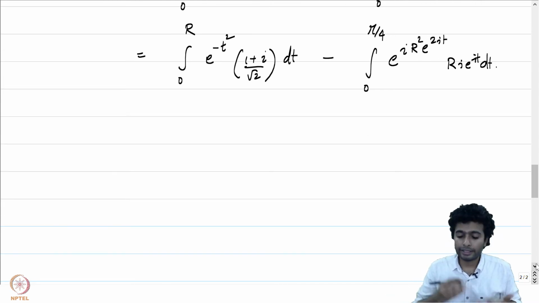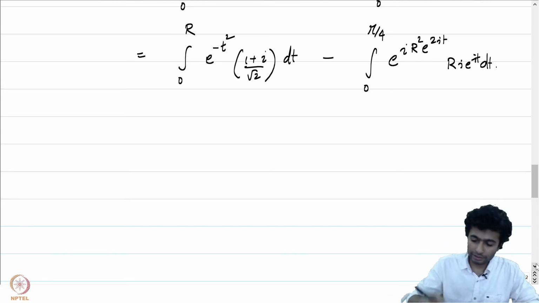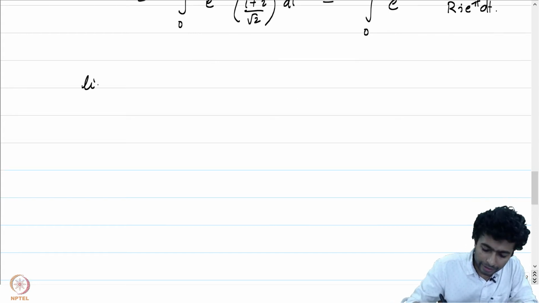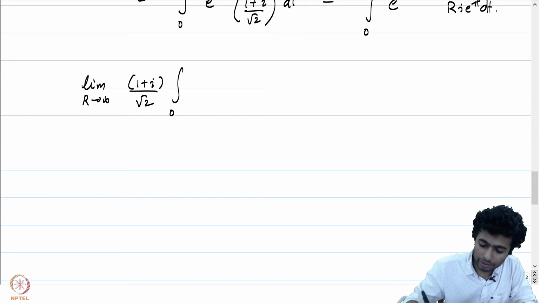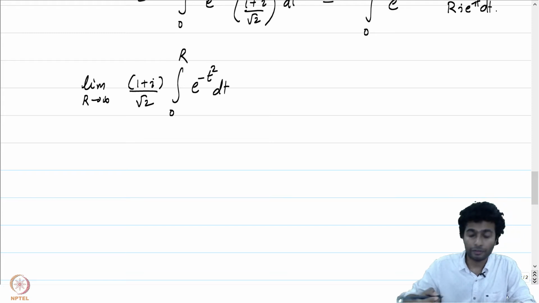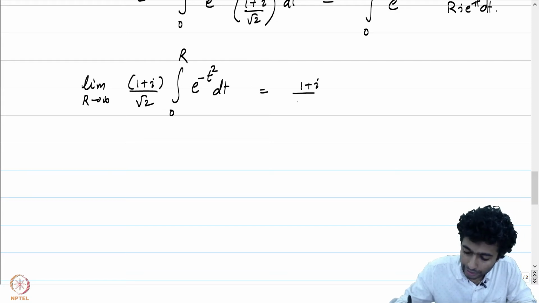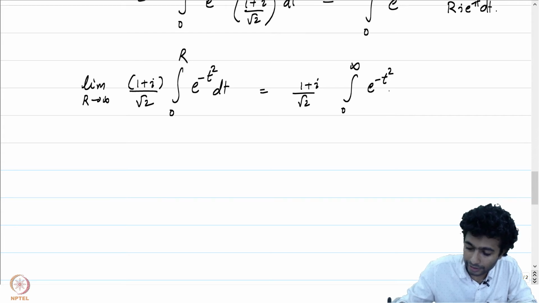Okay, now we are interested in the limit as r goes to infinity. So let's see what happens to each of these terms when r goes to infinity. The limit as r goes to infinity of 1 plus i by root 2 times the integral from 0 to r of e to the power minus t square dt is going to be equal to 1 plus i by root 2 times the integral from 0 to infinity of e to the power minus t square dt.